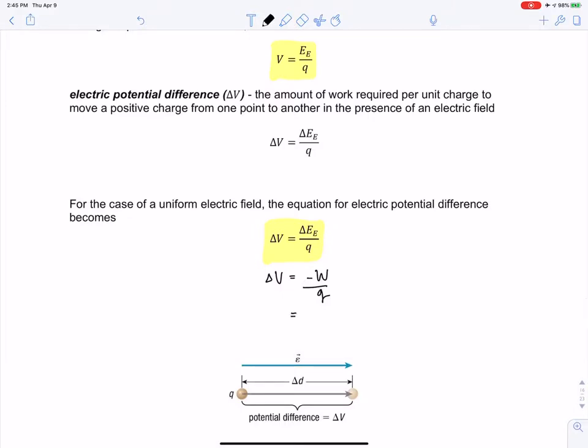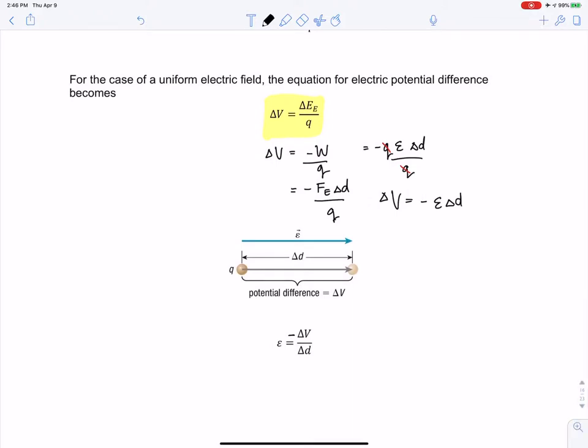And we know the work done is equal to the force times displacement over Q. And we know that the force is equal to Q times the magnitude of the electric field times delta D over Q. So we can rearrange this and say that electric potential difference, the Q on top and the Q on the bottom will cancel out, is equal to negative epsilon delta D.